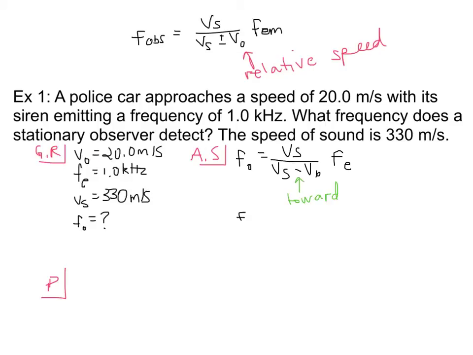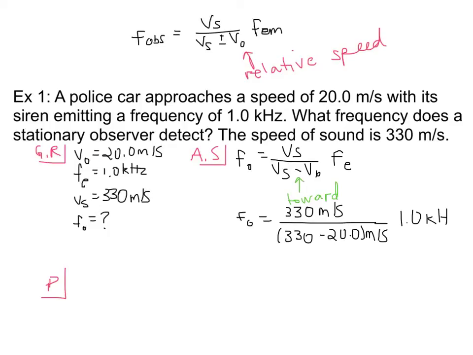So the observed is 330 meters per second over 330 minus 20.0 meters per second times 1.0 kilohertz.